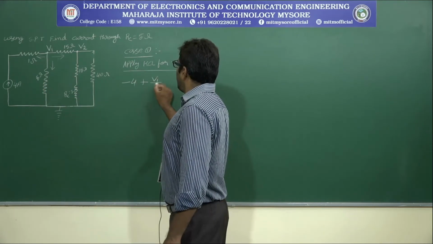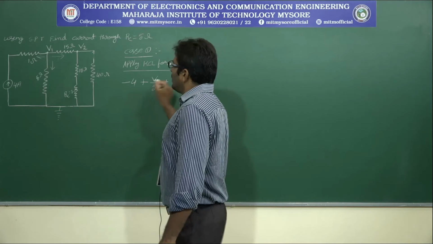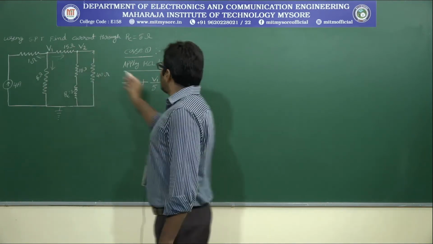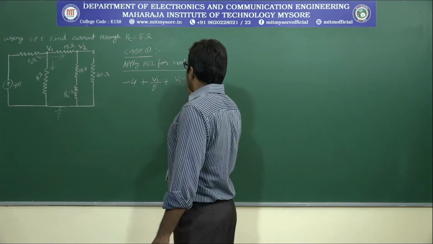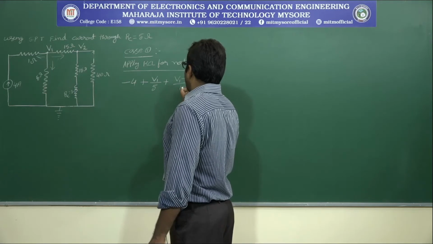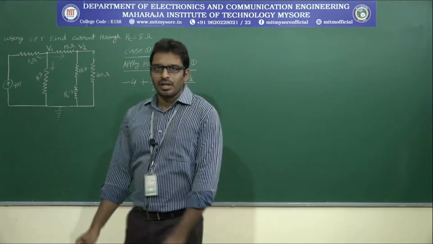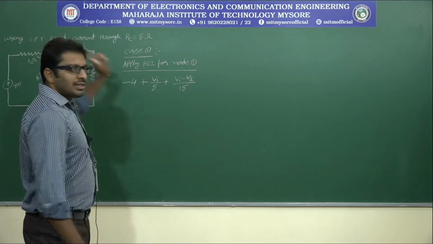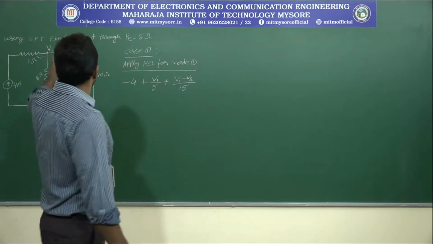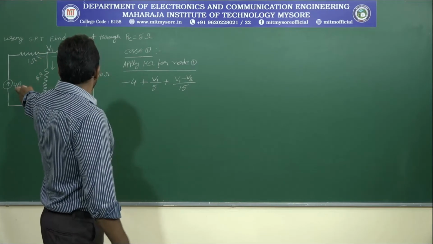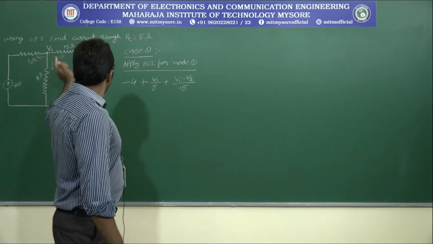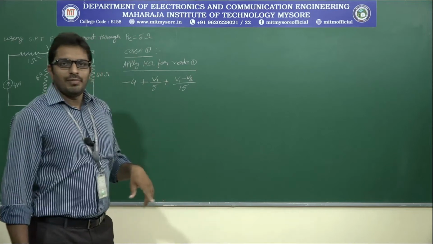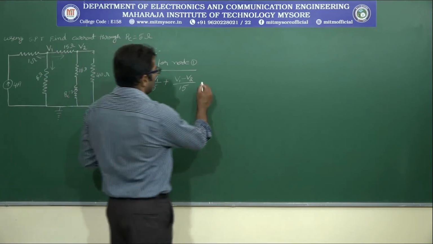So V1 by 5 plus V1 minus V2 divided by 15. Any other branch in the circuit? No, only 3 branches are connected to that node. Therefore, minus 4 plus V1 by 5 plus V1 minus V2 divided by 15 is equal to 0.